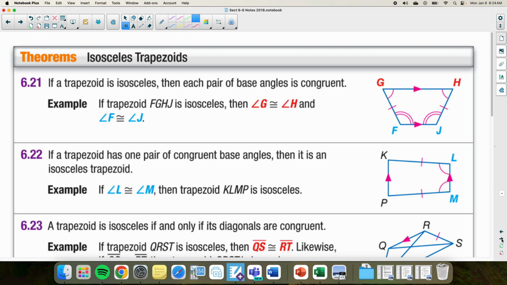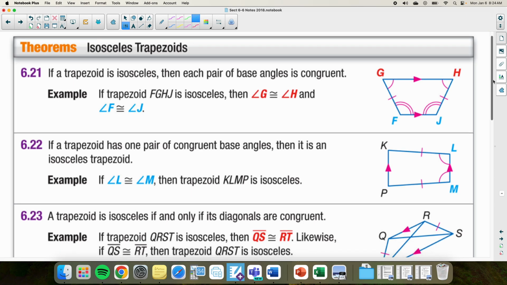So let's go to our next page here. So here it says if your trapezoid is isosceles, then these two base angles would be congruent as well as these two would be congruent. Okay? That's an isosceles trapezoid.